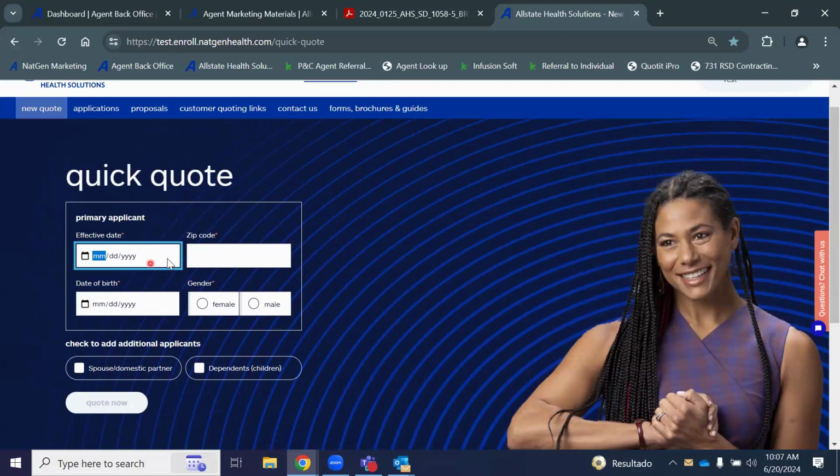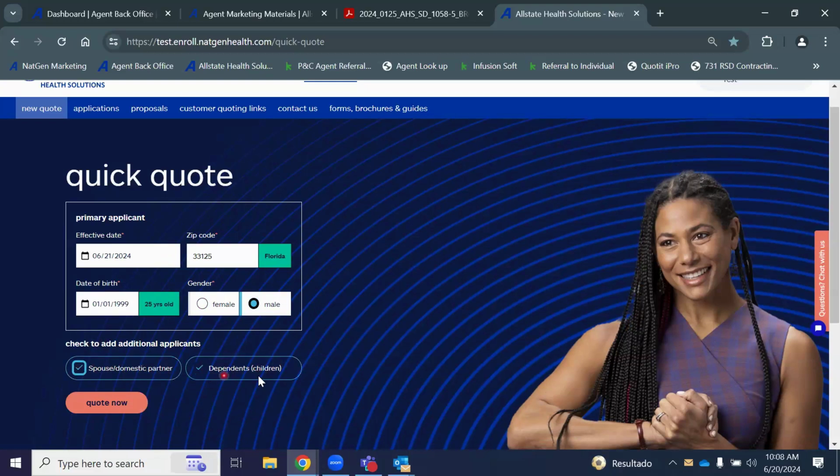So I'm going to do a tomorrow effective date. And I'm going to do a zip code in Florida. I'm going to do an average date of birth. Now, if you have a significant other, spouse or domestic partner, and dependents, you can select here.